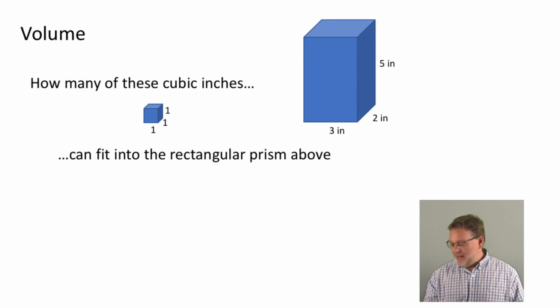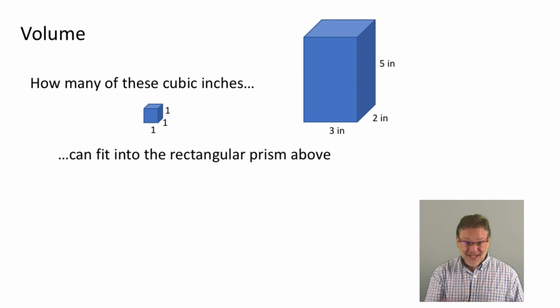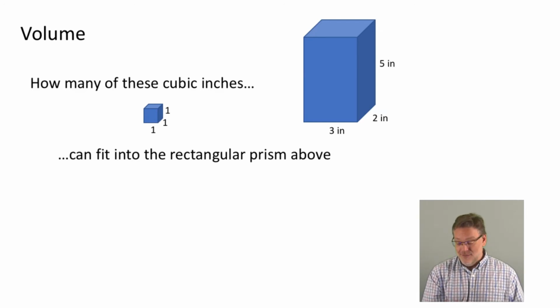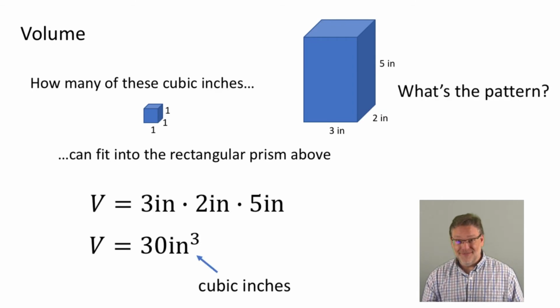Across the bottom, we'd have 3 rows of 2 for 6 on the bottom, but we have more than one of those layers. We have 5 of those layers stacked on top of each other for 5 inches. So 6 times 5 is 30 cubic inches.